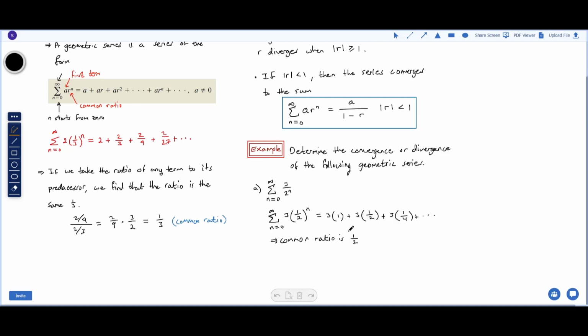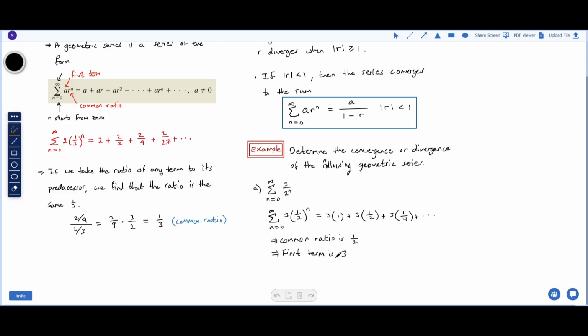Okay, so now we know what the common ratio is. What's our first term? The first term is 3.